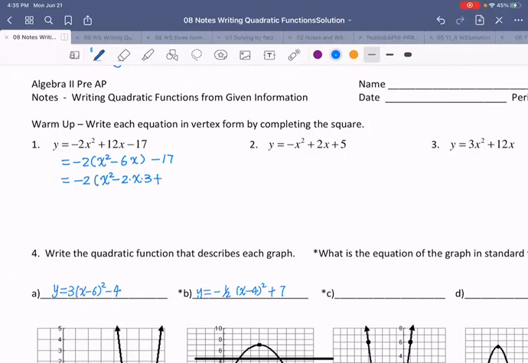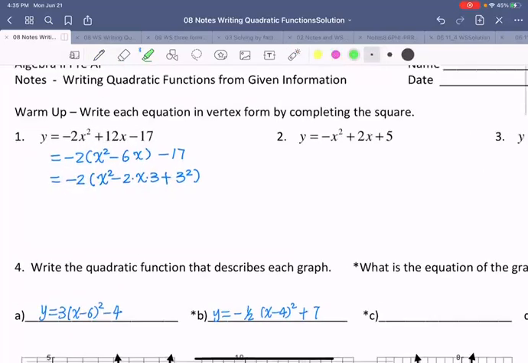Now look at here. We want to write down this part squared, okay? Do you remember the completing the square method we learned in Algebra 1? Next, this is -2 outside.